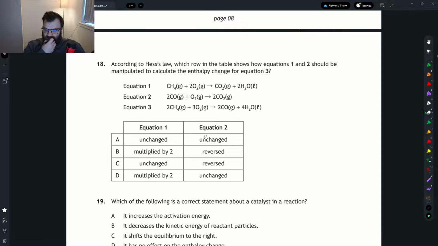For this one, we're looking at how we can use equations 1 and 2 to figure out what equation 3 was. I'm going to call this equation the target, and I've got to use some combination of these two. My preferred approach is to look at our target and figure out which equation each of the bits are in.